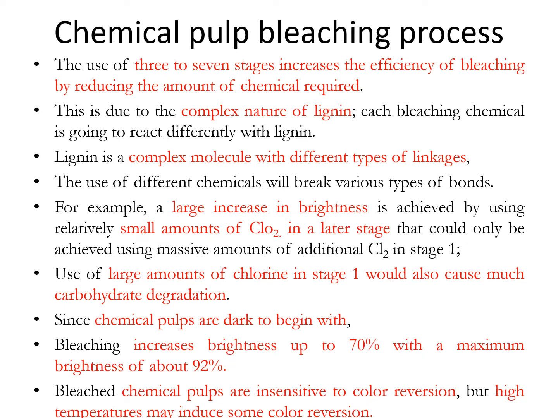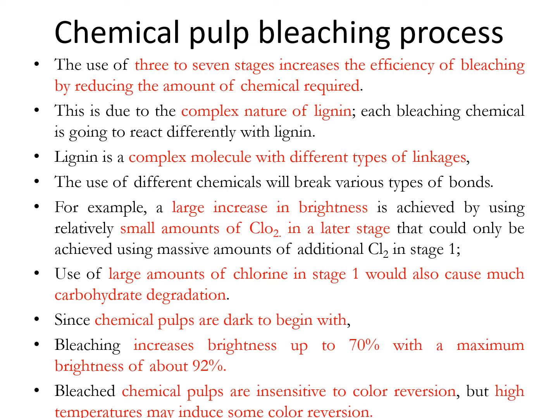Definitely the stages are due to the complex nature of the lignin. Lignin, as you have seen with different functional groups in the previous slide, is a complex molecule with different types of linkages. Now different chemicals in different stages, I have talked about 7 stages, will break various types of bonds, and it helps to increase the brightness.